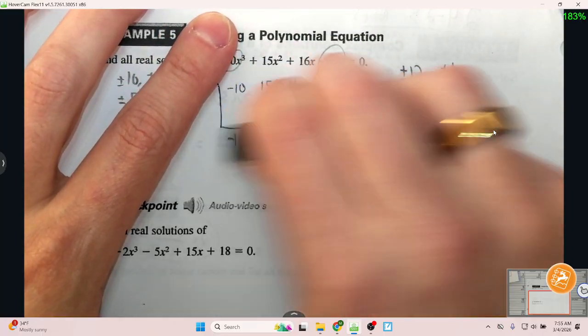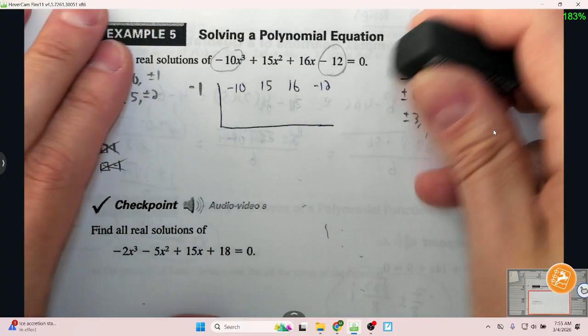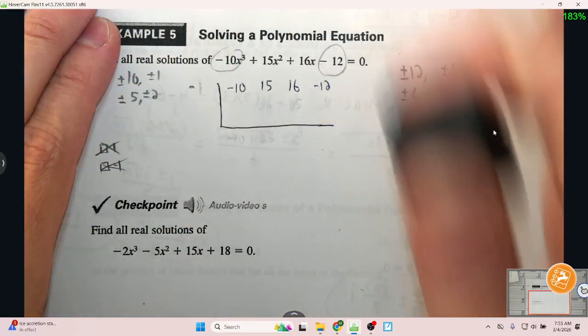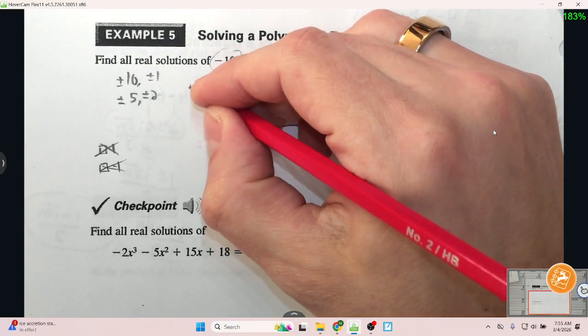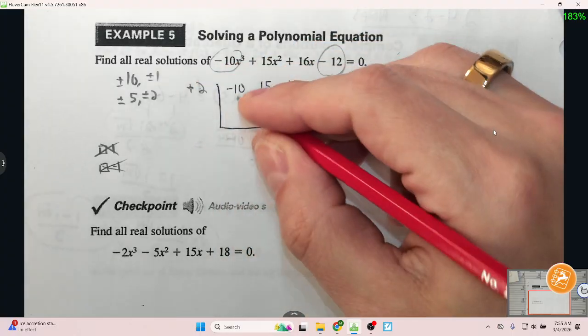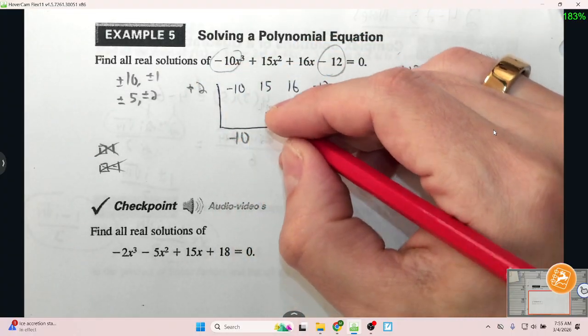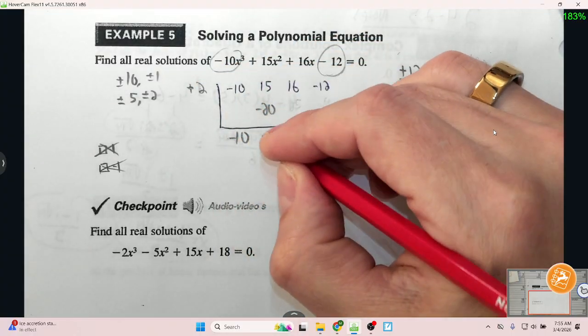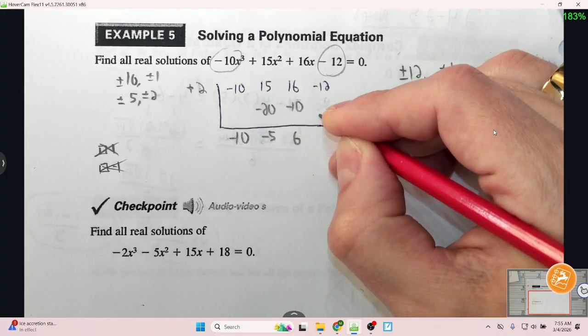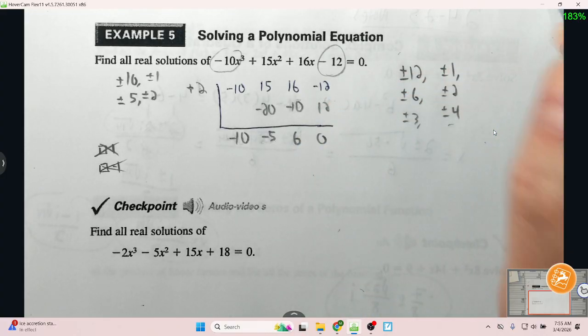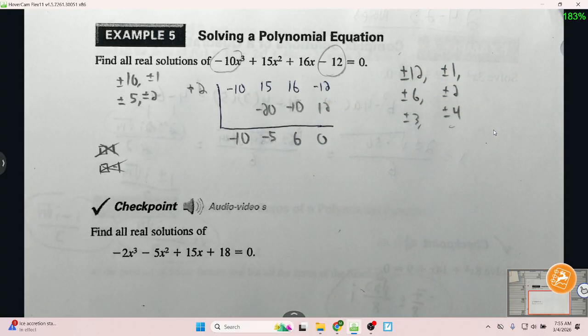I'm not looking at the answer. I'm just kind of modeling what I would do if I was taking a test and this problem was on it. Let's try positive 2, I guess. Negative 10, negative 20, negative 5, negative 10, 6, 12, 0. Yes, we hit 0.